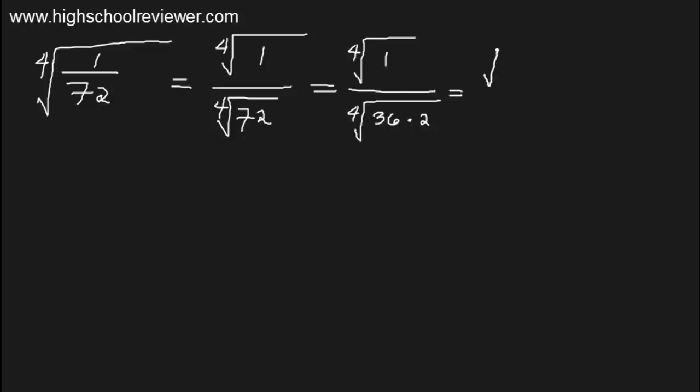So converting, we will have here the fourth root of 1 all over the fourth root. Now convert 36 into an exponential form. This will give us 6 raised to 2, multiplied by 2 raised to 1.